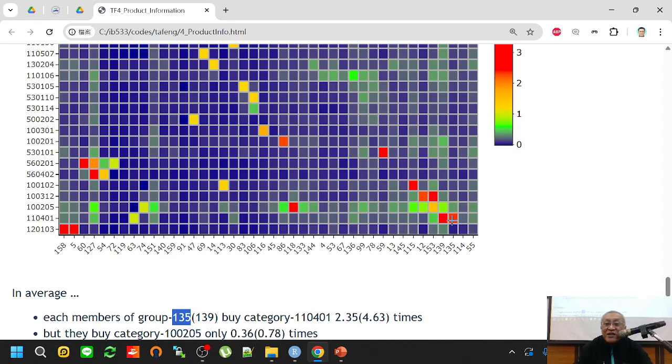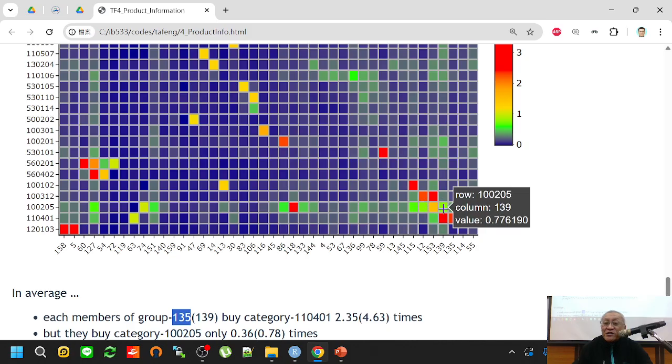And group 139 also likes to buy 110401. On average, every member of 139 buys 110401 4.62 times, okay?